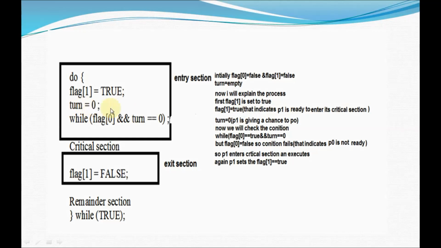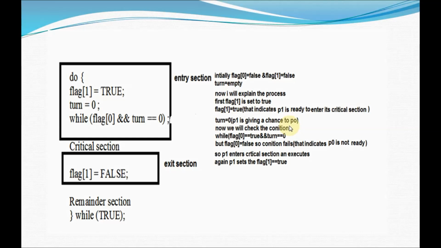P1 is ready to enter its critical section, but it is giving chance to the process P0 to enter its critical section. Understood, guys? So flag 1 equal to true means P1 is ready to enter its critical section, but it is giving chance to P0, that is turn equal to 0, to enter the critical section.